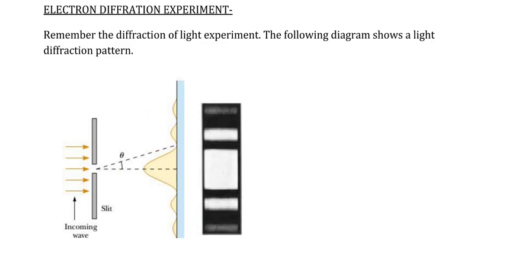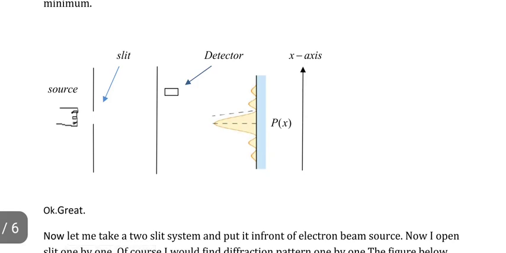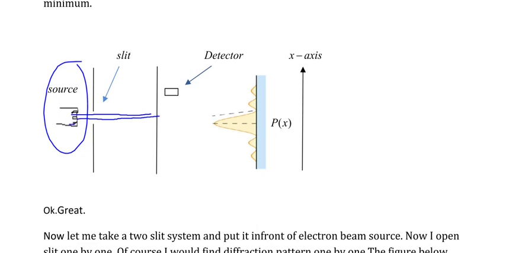Now electrons behave as a wave and show a diffraction pattern. Now you would say, okay, let's try to understand this. If this were a machine gun, the machine gun would fire bullets. Since bullets are particles, they would just pass through the hole of the slit and hit the center of the screen.